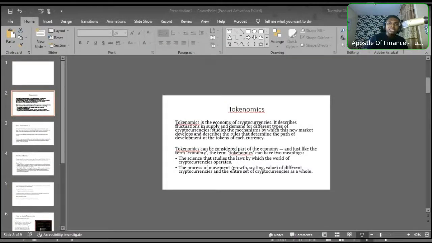Okay. Now, in the blockchain space, a token represents a specific stake, value, voting right, or anything. And tokenomics is the quality of a token that interests the investor. Now, what does this mean?